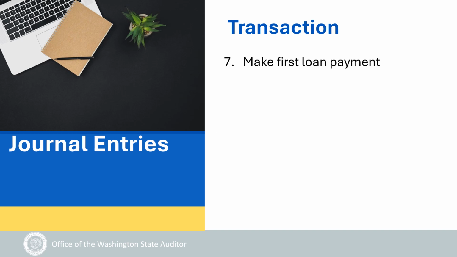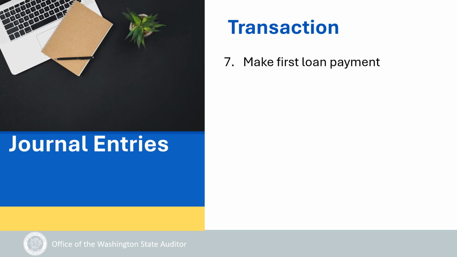Now we've had our equipment for a while, and it's time to make the first loan payment. This means our cash is going to decrease because we're paying something, so we know we need to credit cash. What about our debit side? When we make a payment, we will no longer owe that amount to the lender.